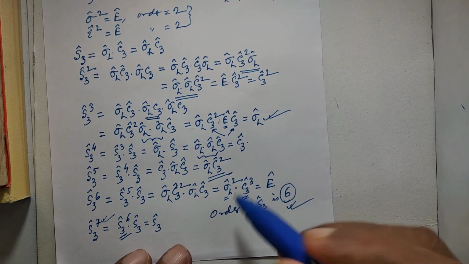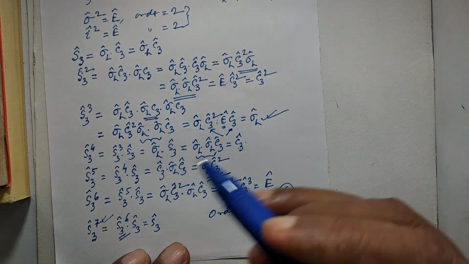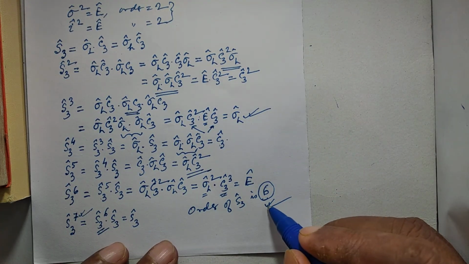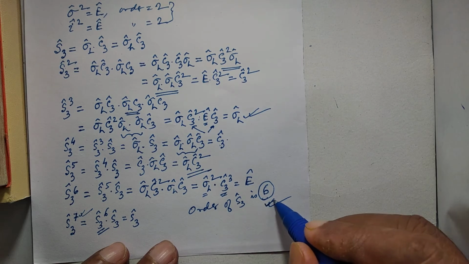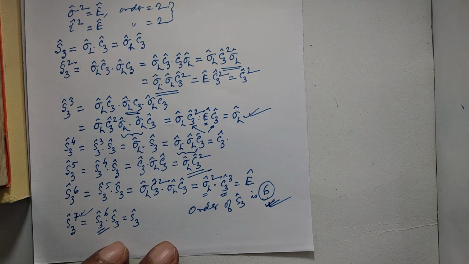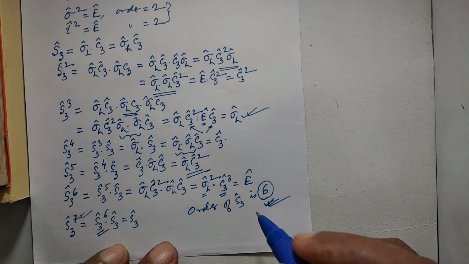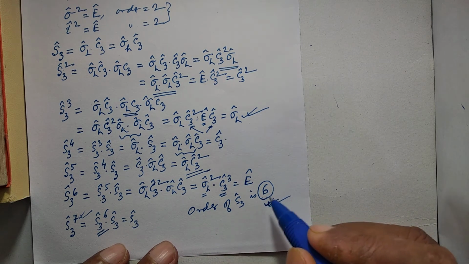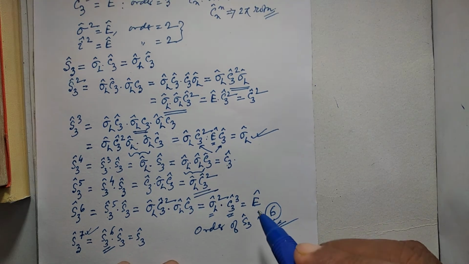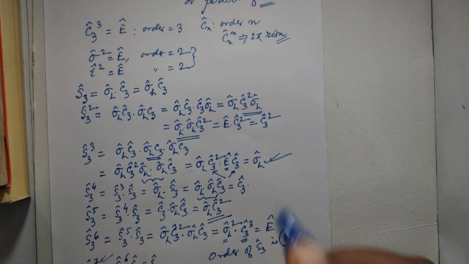So the operators are repeated again and again after an interval of 6 times execution. So the 6 is also called the period of the operator S3.